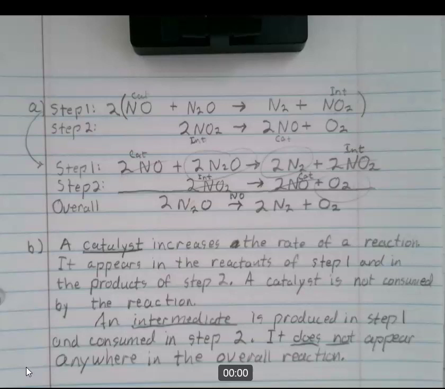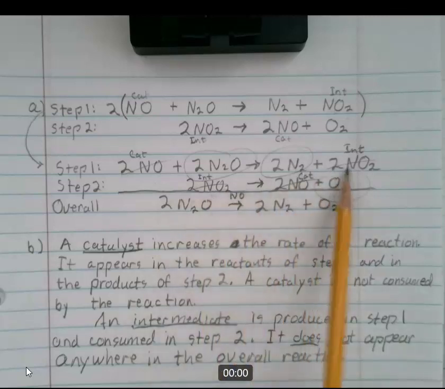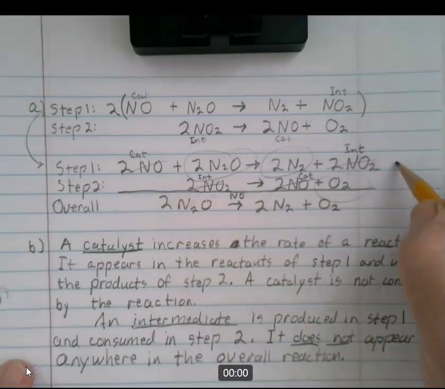If you think not, suggest what might be going on. Well, no, it definitely doesn't rule out the proposed mechanism, because what it means, similar to the previous problem, is that we're producing the NO2 here, and it's being consumed in step 2. It's the intermediate.